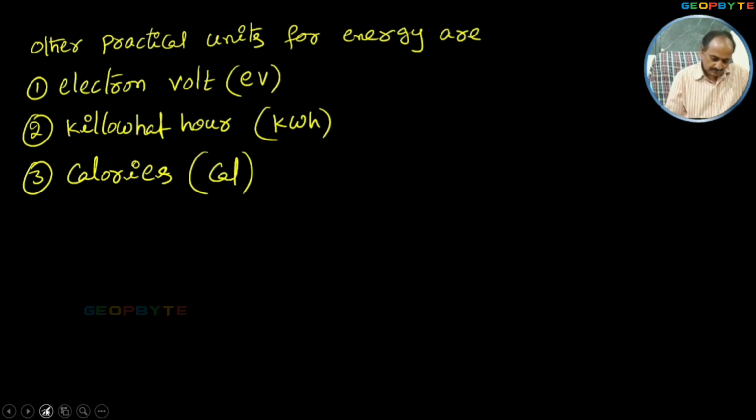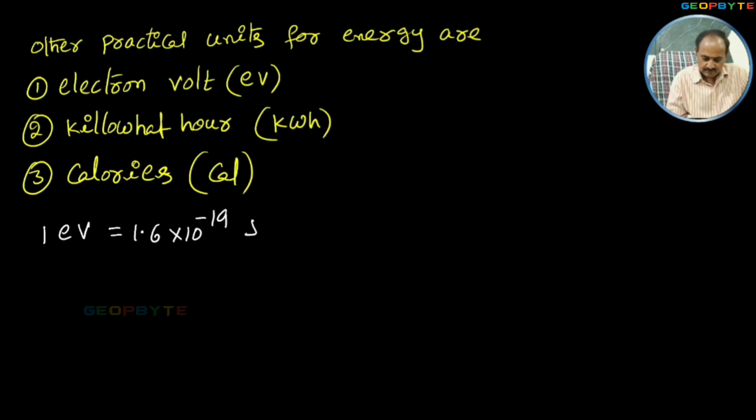Okay, dear friends, remember: one electron volt, small e capital V, is equal to 1.6 into 10 power minus 19 joules.